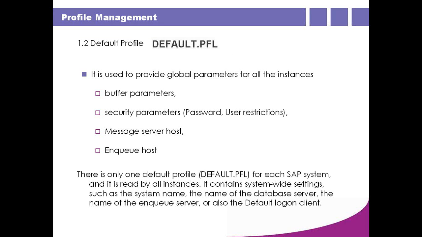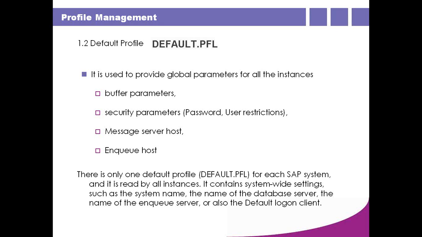Here the default profile is default.pfl. But the default profile is only one for your entire SID, that is system. For P11 only one default profile, Q11 only one default, D11 only one default. Whereas the start profile is based on your instances. If you have 10 instances, 10 startup profiles, but only one default. If you have 20 instances, 20 startup profiles, but only one default.